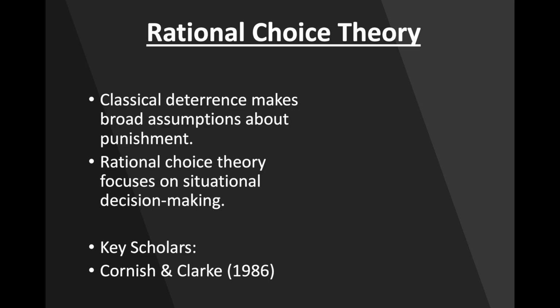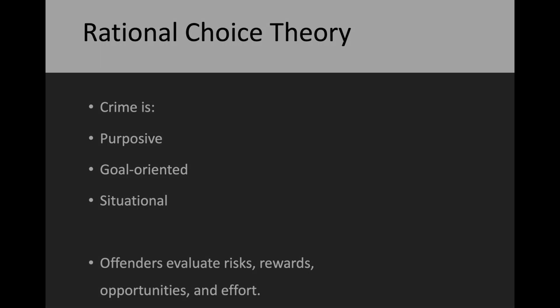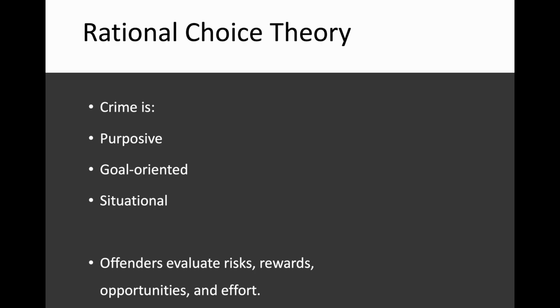Now, one important comprehensive exam point here would be that rational choice theory does not necessarily assume offenders are master planners, rather that offenders are viewed as decision makers operating under constraints. Rational choice theory argues that crime is purposive, goal-oriented, and situational. This doesn't mean that crime is always economically motivated. The reward that offenders seek may include things such as money, excitement, revenge, status, peer approval, emotional release, ideological goals, or some sort of symbolic meaning.